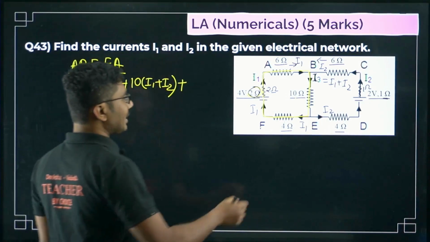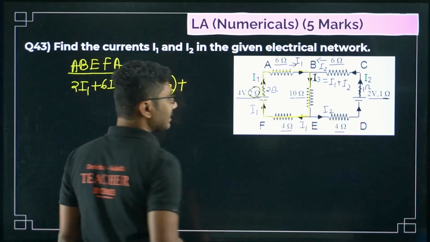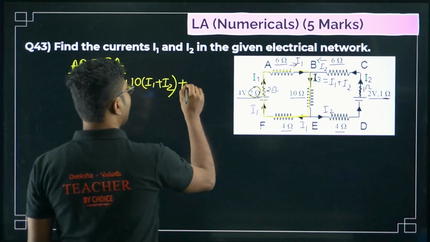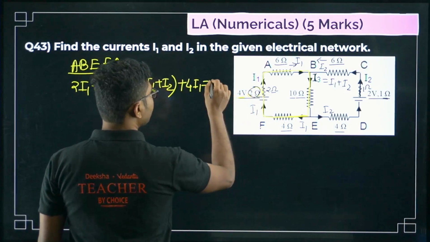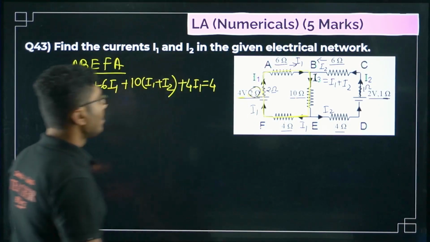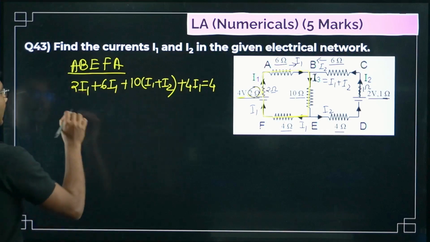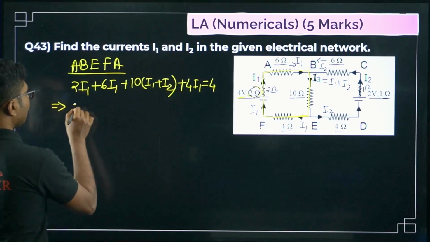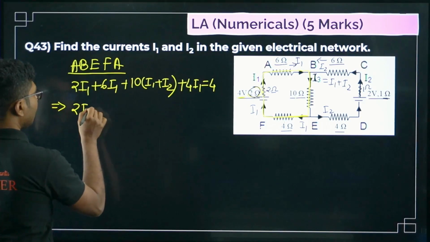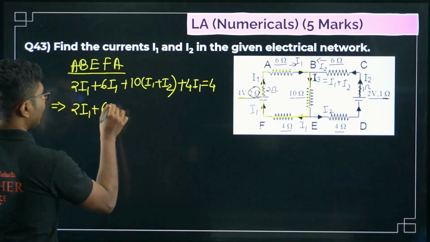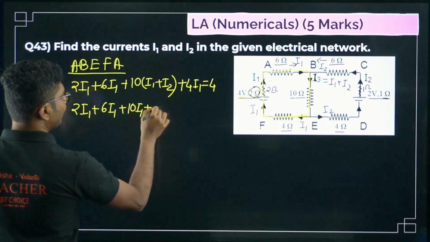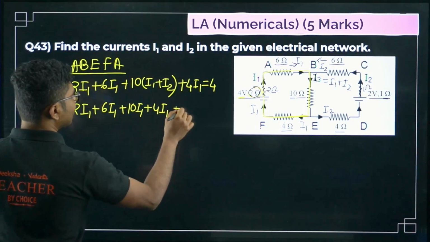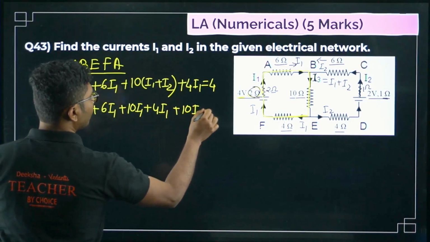Now again we are going through the last resistor, that is 4 ohm. So 4I1, and that should be equal to the voltage of the source, that is 4 volt. Now let's separate: 2I1 plus 6I1 plus 10I1 plus 4I1 plus 10I2 equals 4.